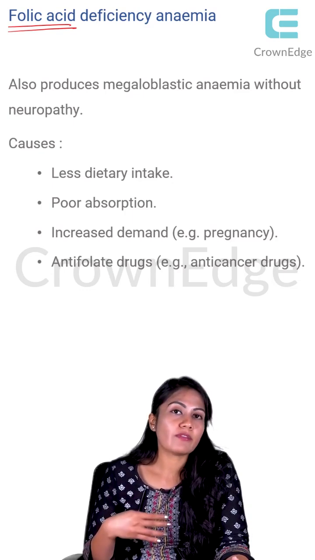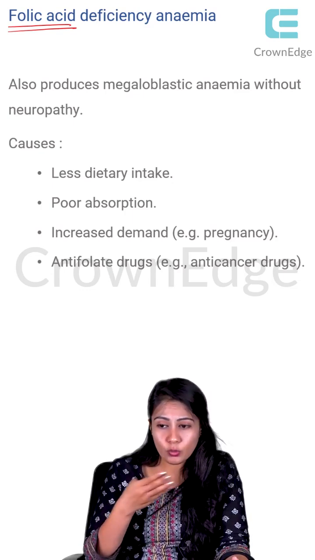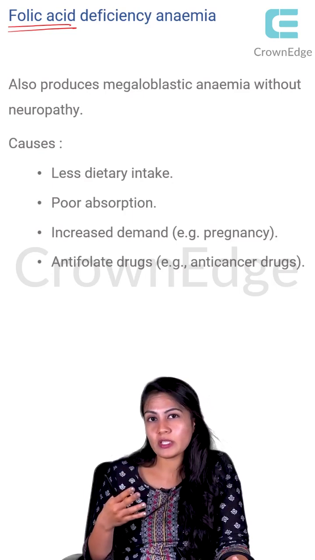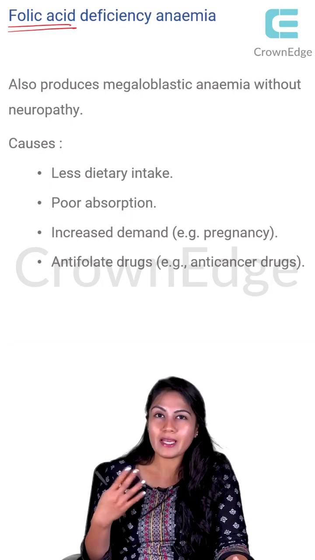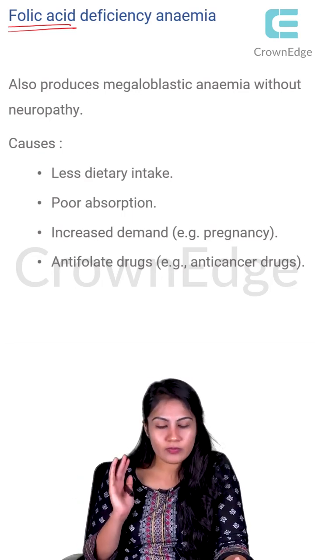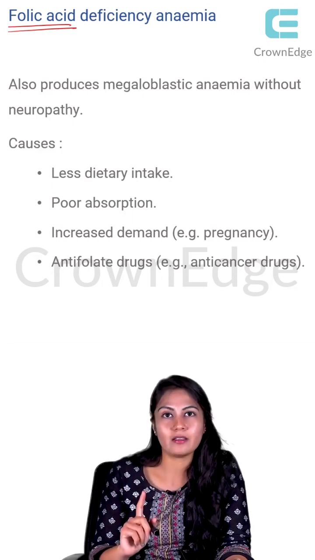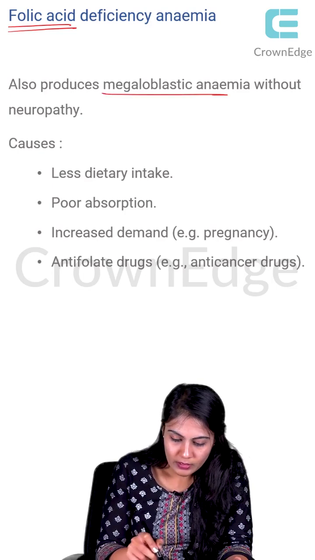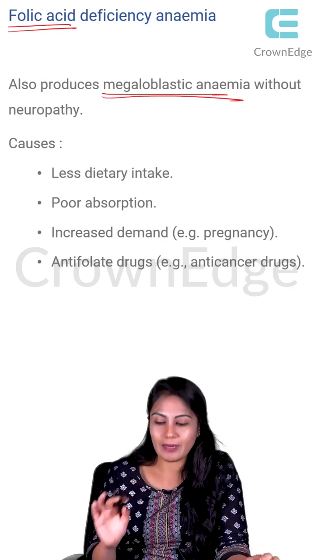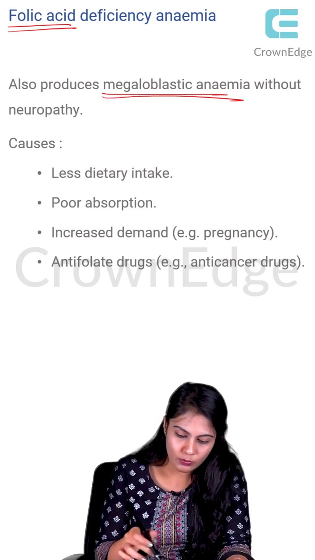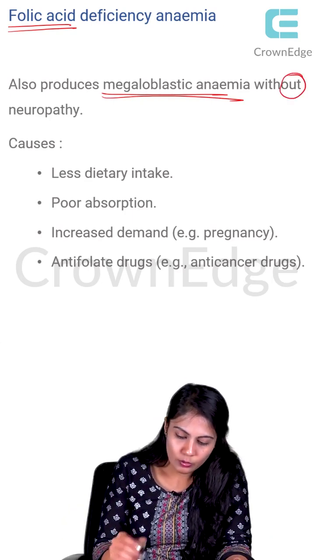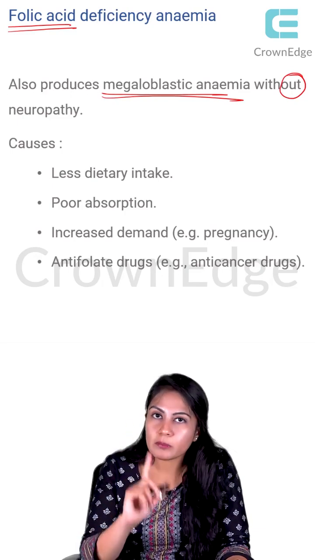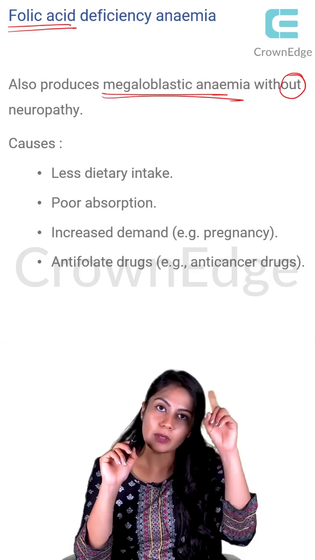If you see the female population in India, the majority of anemic females are going to have folic acid deficiency or iron deficiency anemia. The important thing is that megaloblastic anemia will be seen here without any neuropathy. If a CNS symptom is occurring, that means it is pernicious anemia.